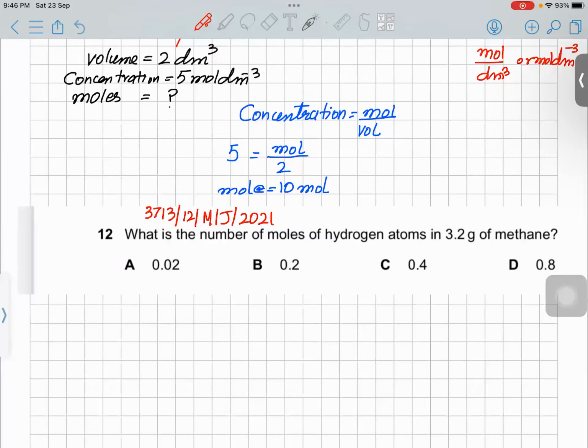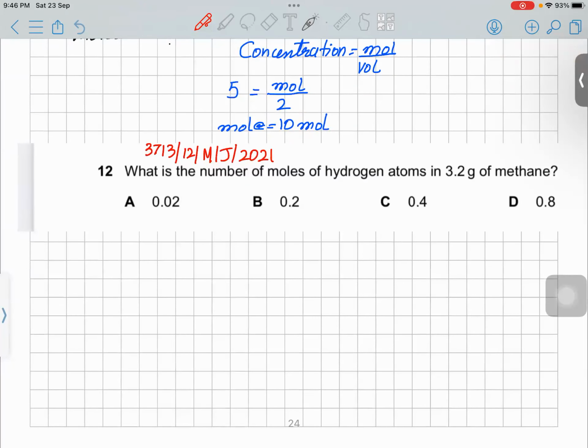What is the number of moles of hydrogen atoms in 3.2 gram of methane? Yes, mass is given. Now methane is CH4.